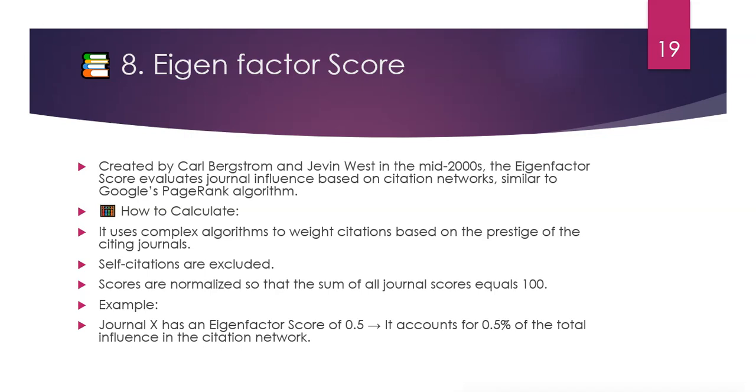Self-citations are excluded. Scores are normalized so that the sum of all journal scores equals 100. Example: journal X has an eigenfactor of 0.5 because it accounts for 0.5% of the total influence in the citation network.